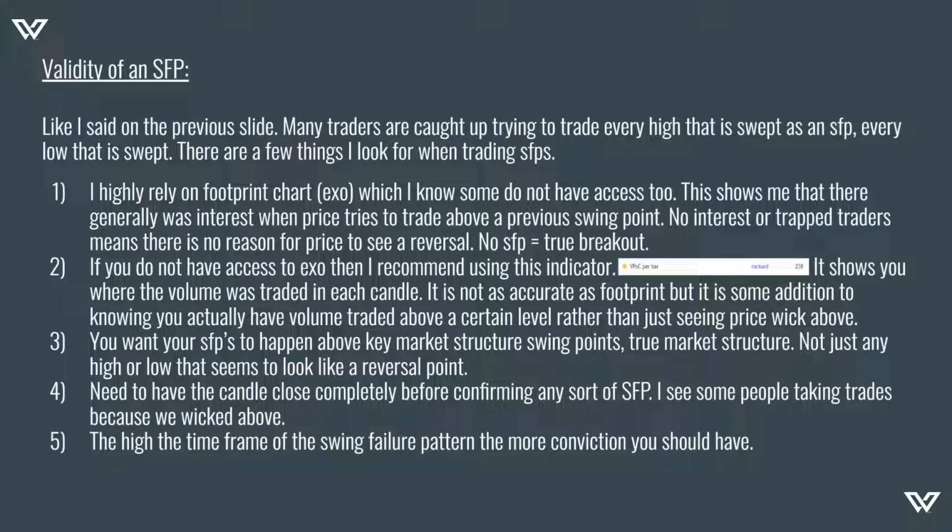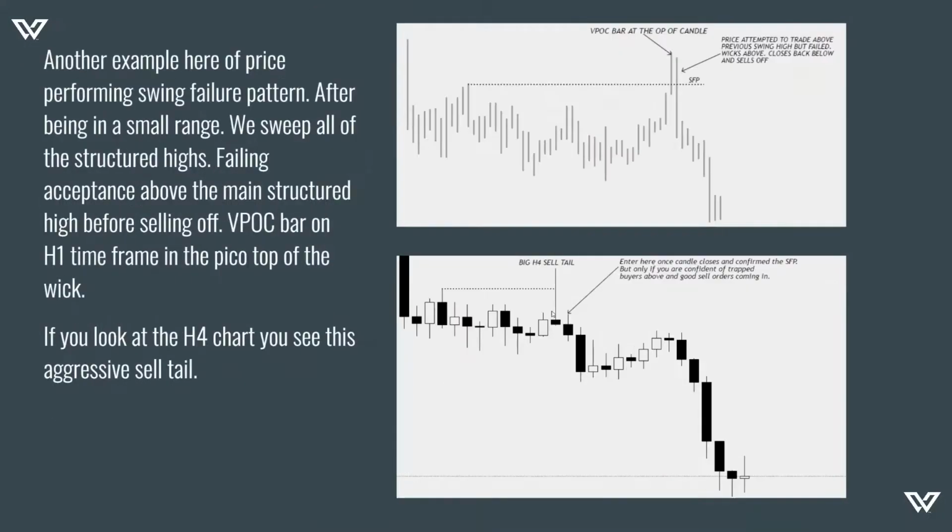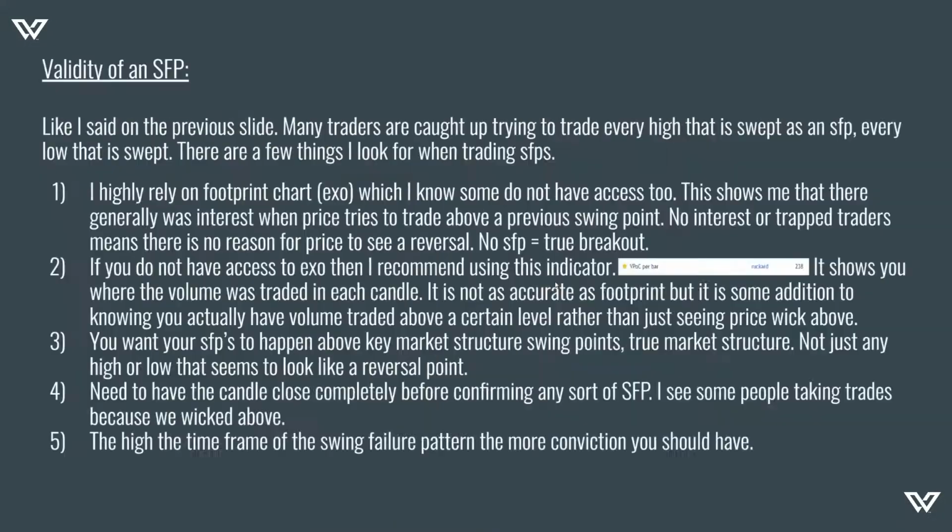You want a wick to be closed above, not a body close. If the body starts closing, then I start to think of it as a break of structure more so than an SFP. You want an SFP to look like a sharp wick like this here, rather than a full body close.